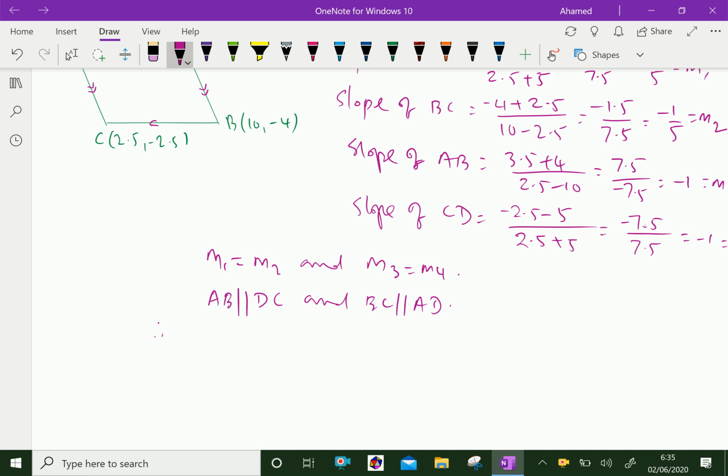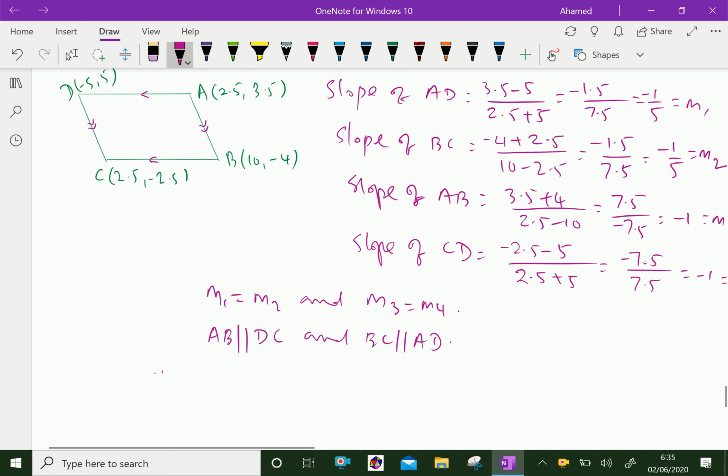Also, we'll find the midpoints of the diagonals. So now we'll calculate the midpoint of AC. Midpoint of AC, look here. A is (2.5, 3.5), C is (2.5, -2.5).